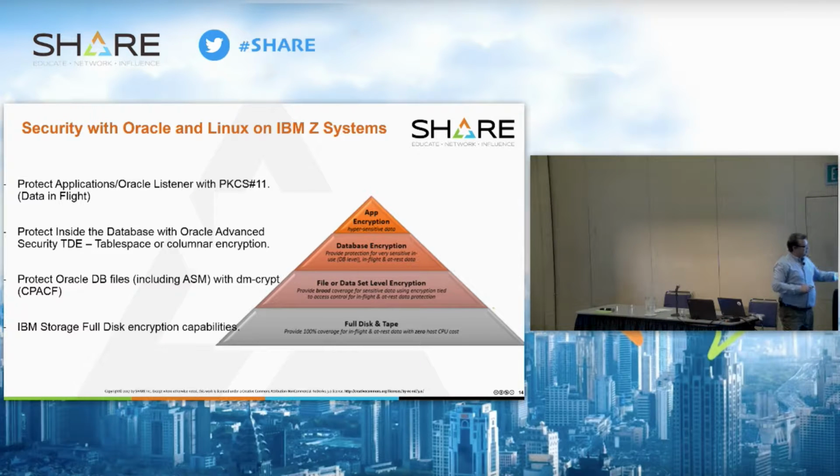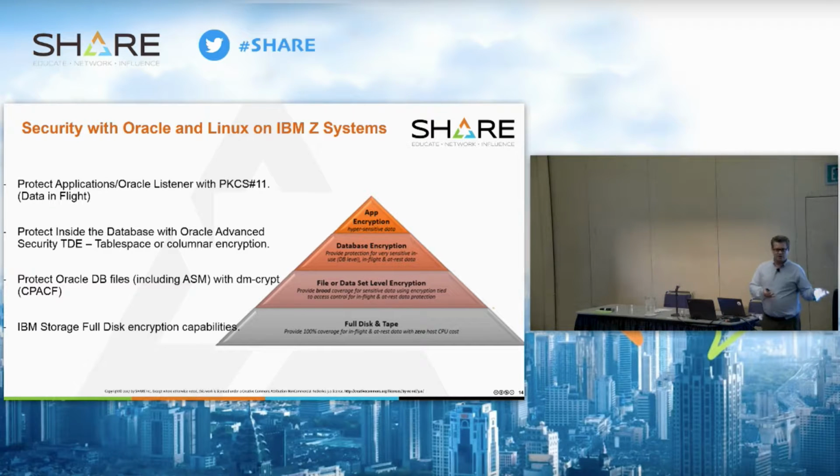But basically what we have in place is 4 really tiers of encryption capabilities. A lot of my customers are using storage-based encryption today. It passes audit. They're basically in compliance. They put their tape and storage there, and it's enough to get by with that level of encryption. Moving up the chain now, with the pervasive encryption story we have, we can now use dm-crypt to encrypt databases at the Linux layer, which is a great capability.